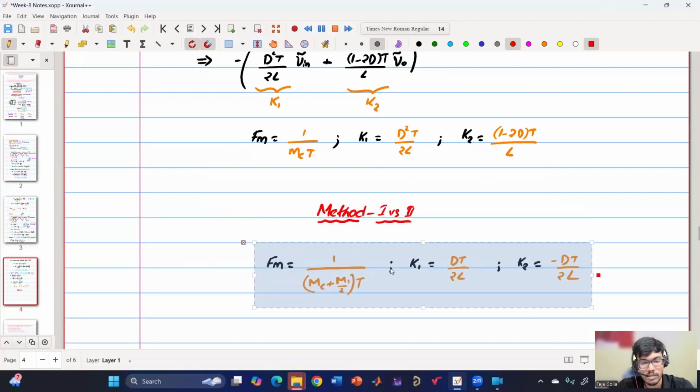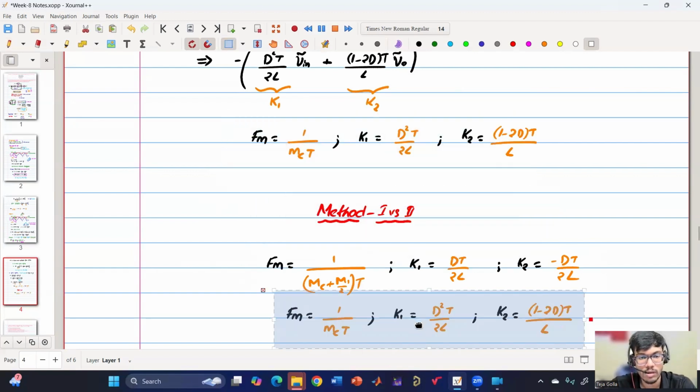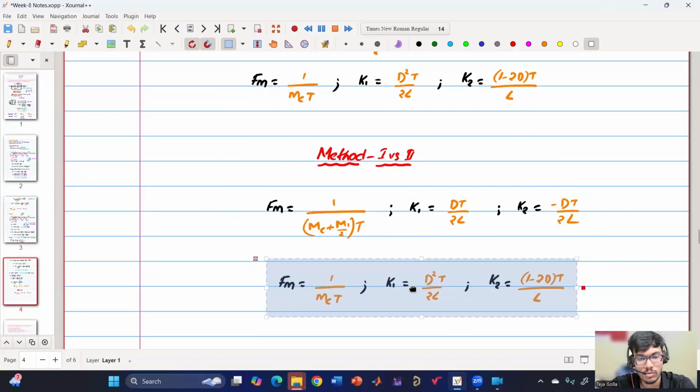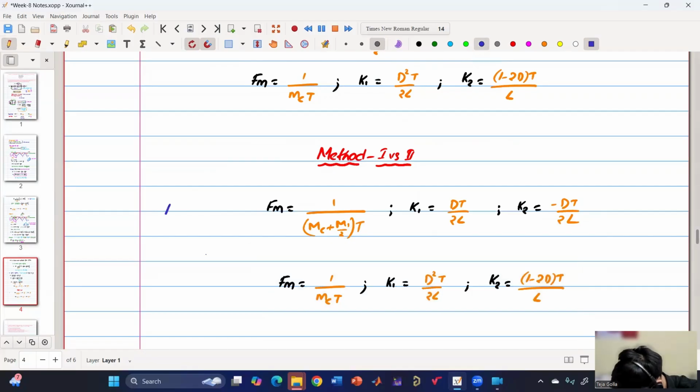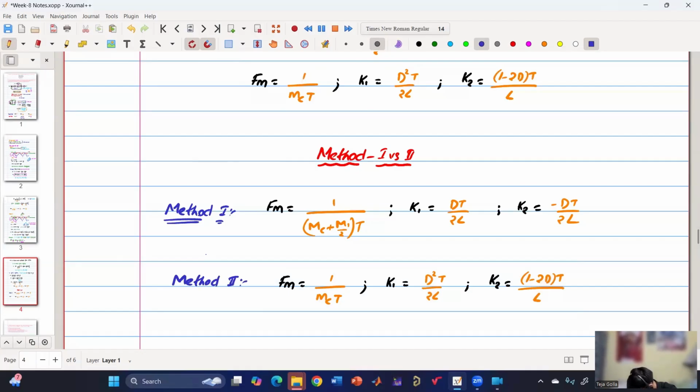So this is for method 1 and for method 2. So this is the overall discussion about the different type of models that we can use for current mode control.